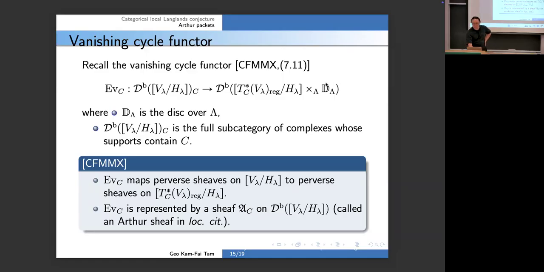So here we use the whole disk or the punctured disk. Either one.